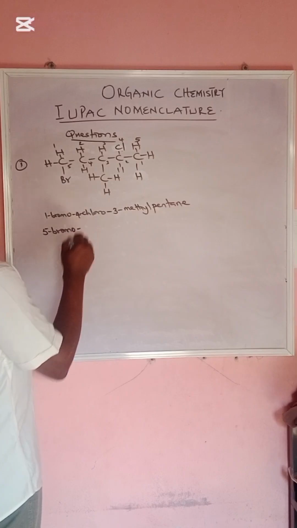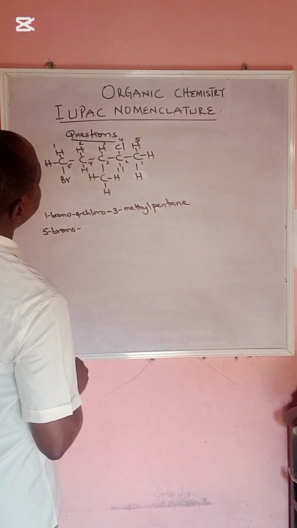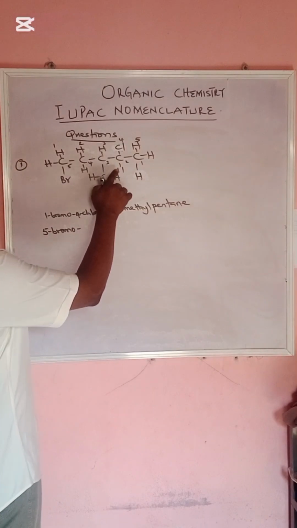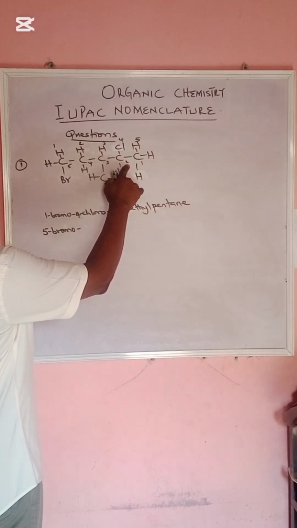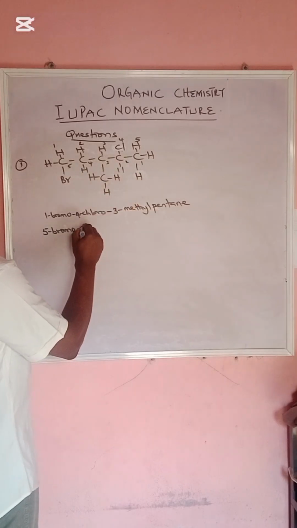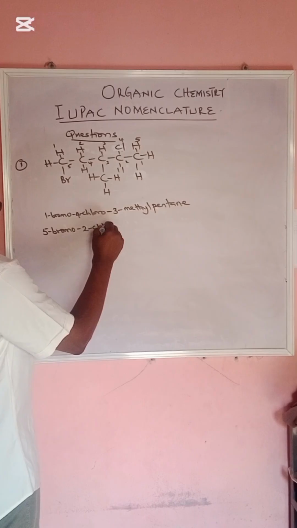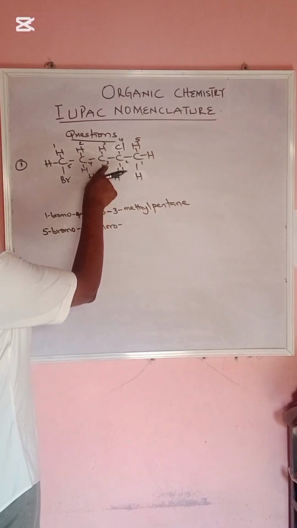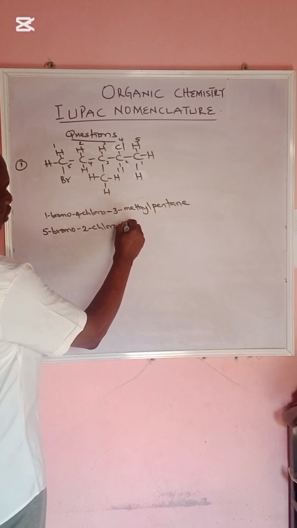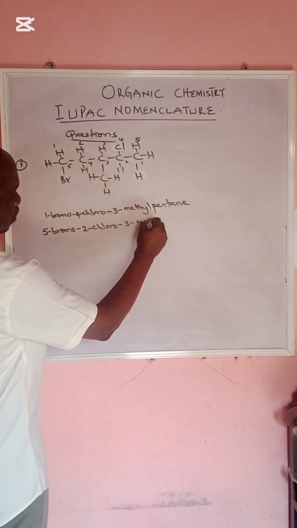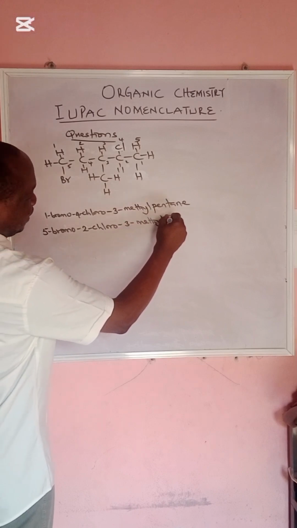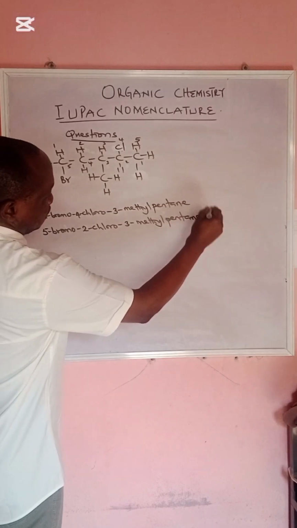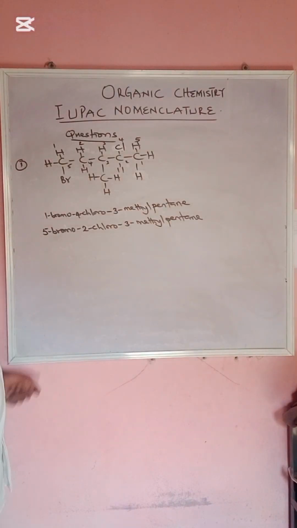Chlorine is attached to carbon 2, so 2 chloro. Methyl is on carbon 3, so 3 methyl pentane. That's the name.